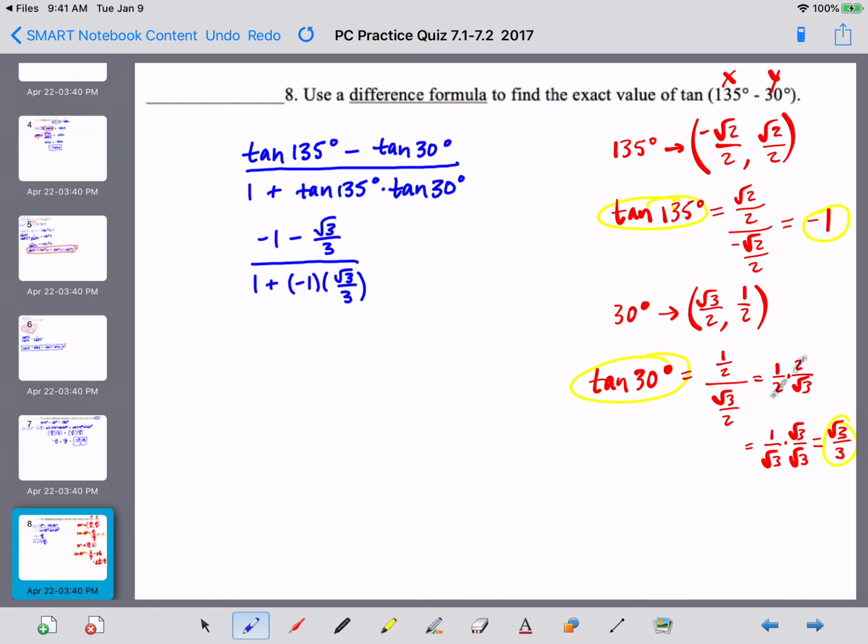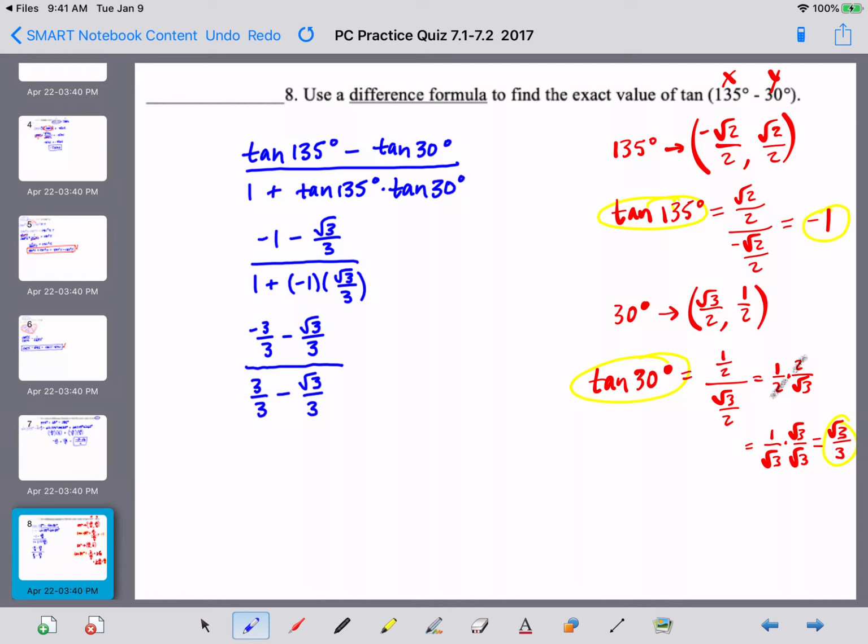Okay, and then I'm going to do some simplifying here. So this negative 1 I'm going to replace with negative 3 over 3, so I have a common denominator. And same in the bottom, this is the same as 3 over 3 minus root 3 over 3.